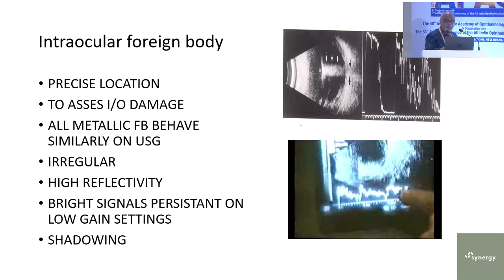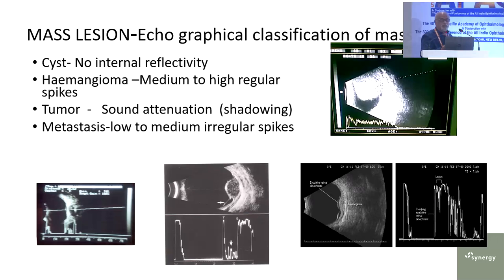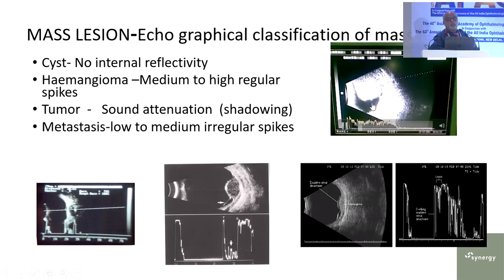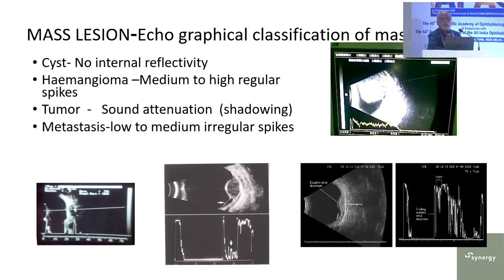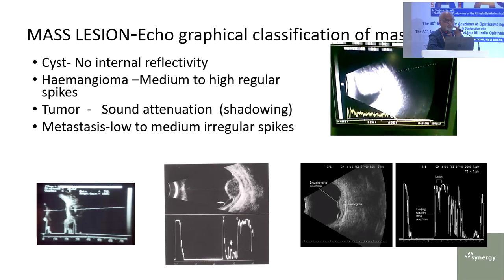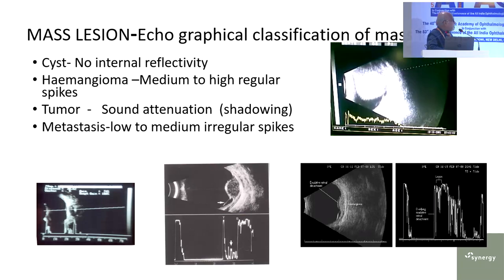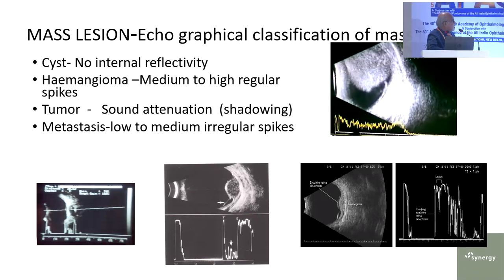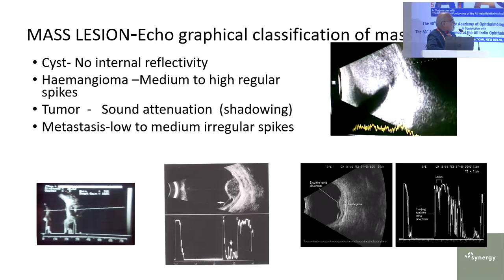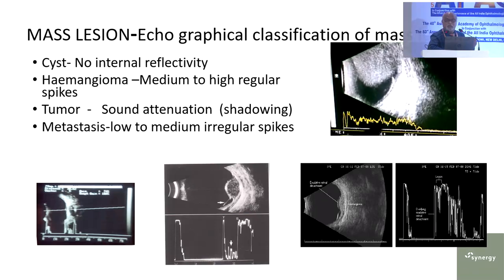Then the most important thing I told you is that if there is a clear medium and you have to differentiate which type of mass we are dealing with, we have to understand this. There is an echogenic mass classification, which is given in most of the books, but three things you must remember: you have to differentiate between a cyst, a tumor, and a hemangioma.